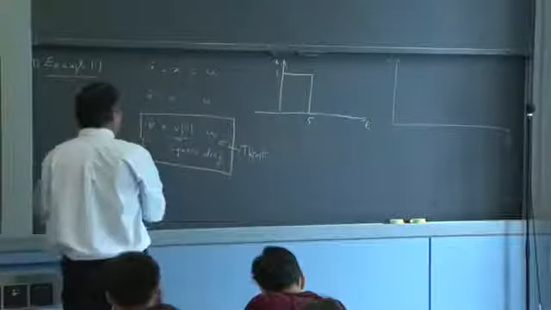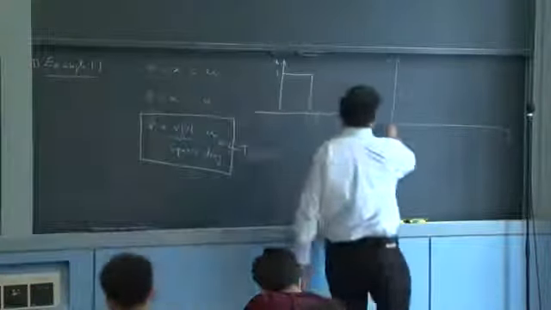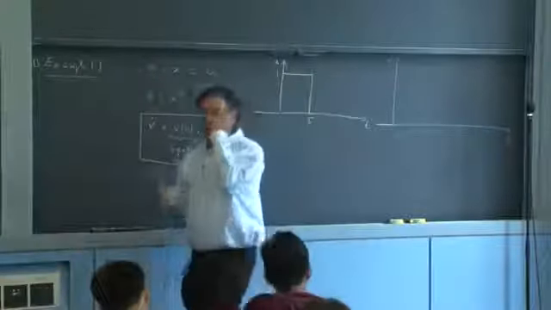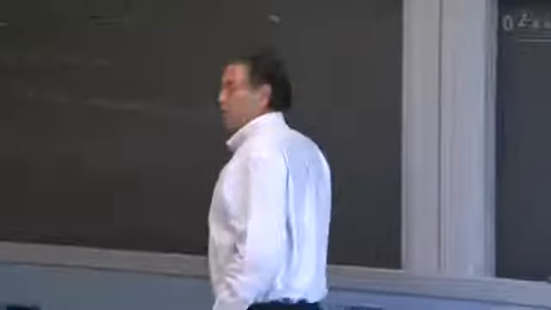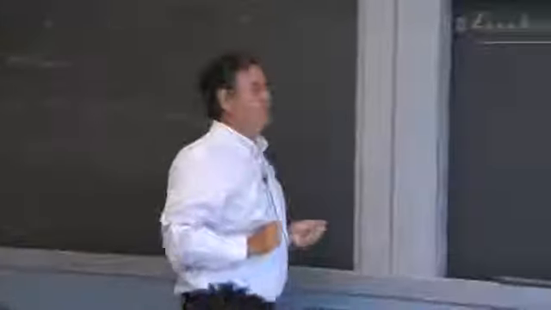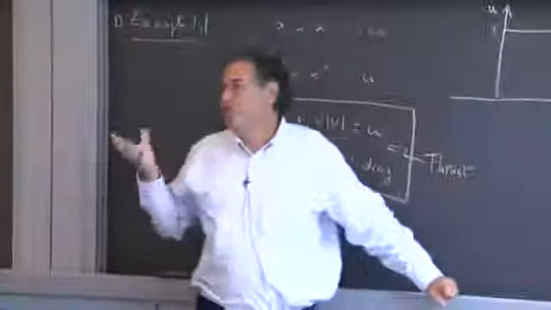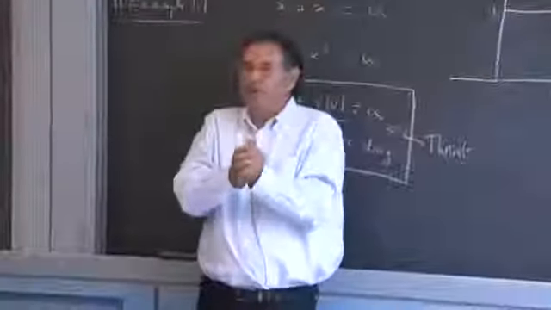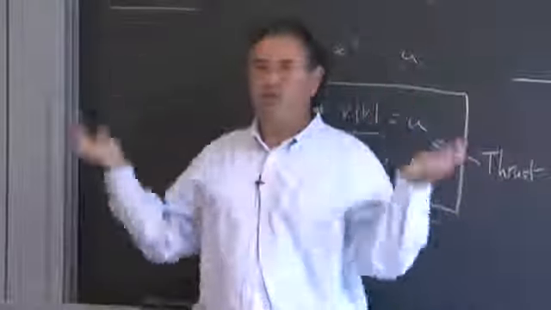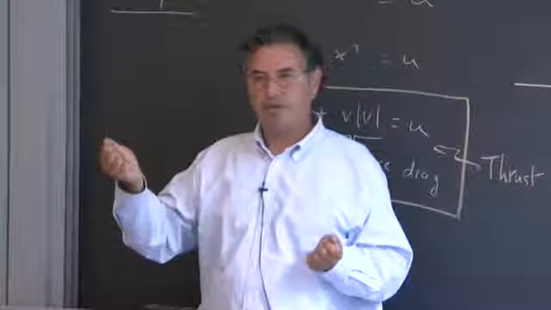Originally, it was 0. We apply this input, so what will happen? Think of the physical system, and we will develop a much more careful and detailed way of looking at these things. But for the moment, just think of the physical system. You have this physical system of mass 1 with square drag, a thruster. Originally, it's at rest. You apply some thrust.